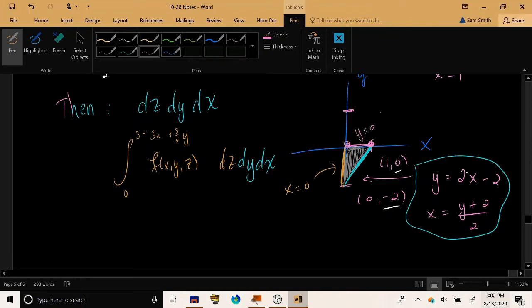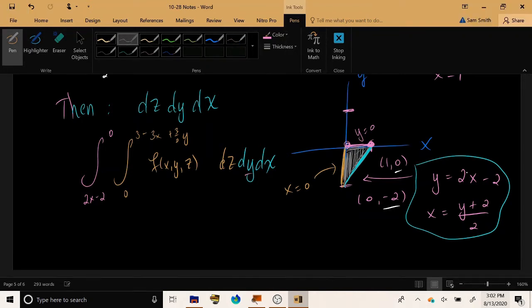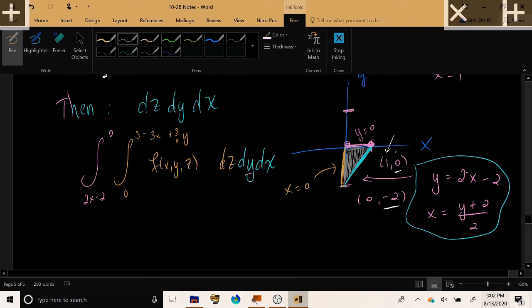So that would provide my middle limits of integration: y goes from 2x minus 2 up to 0, dy. And then x can go from 0 on the left up to the maximum x coordinate of 1 on the right, so we're integrating as x goes from 0 to 1.